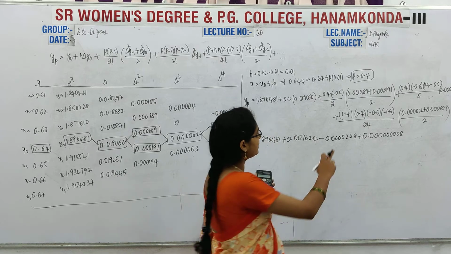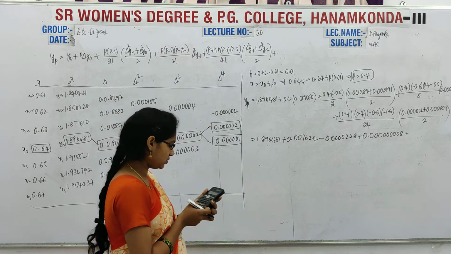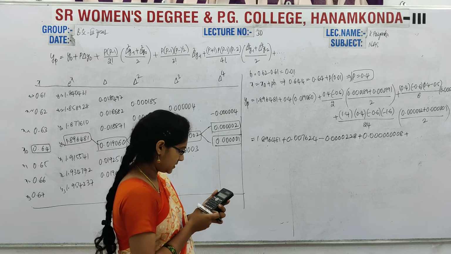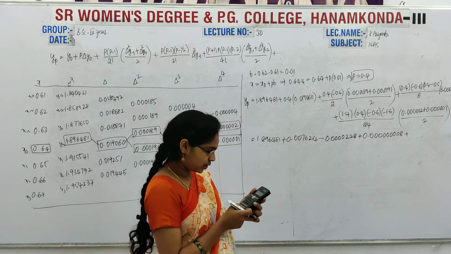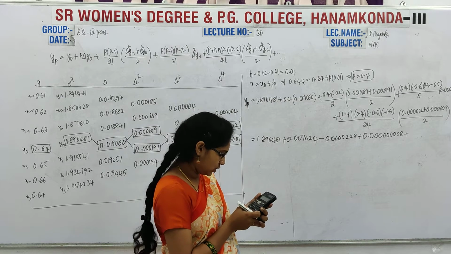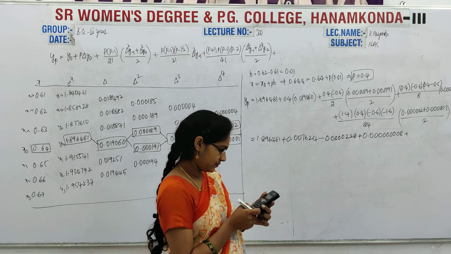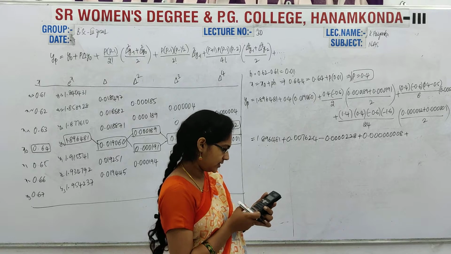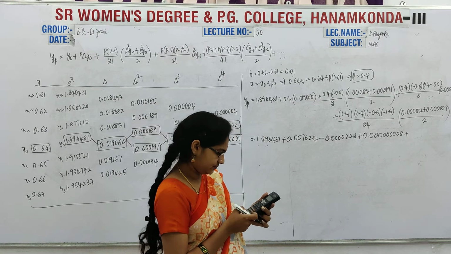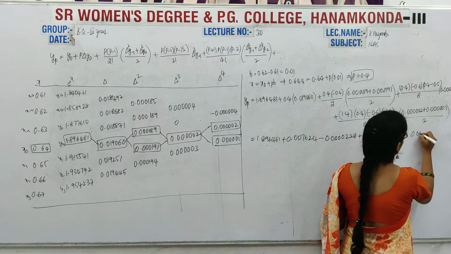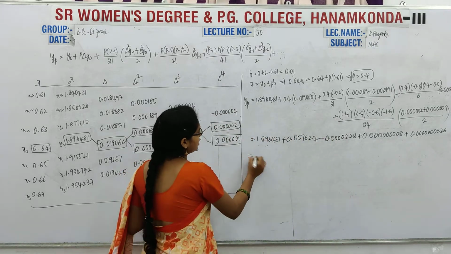Next, minus into minus again gives plus: 1.4 into 0.4 into 0.6 into 1.6 divided by 24, divided by 2 again, into 0.000003, which is 0.0000000336. Now just take the addition.